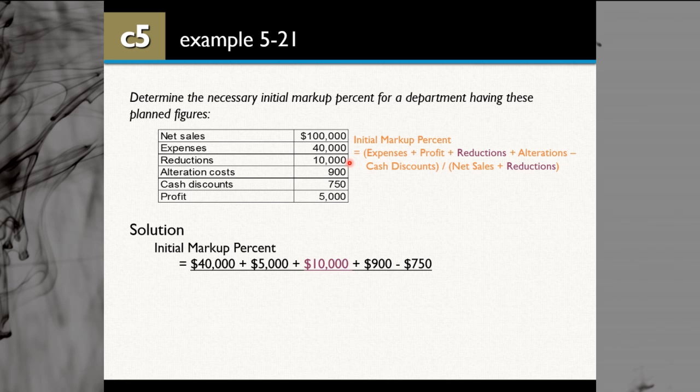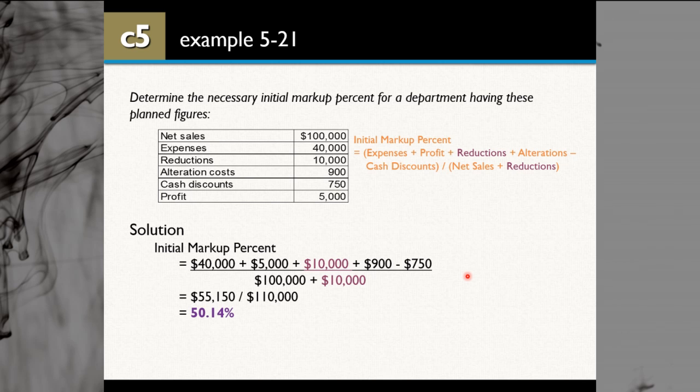So 100,000 plus 10,000. If you combine all these, then you will get 55,150 and divide it by 110,000, then you will get 50.14% for your initial markup. So that's gonna be your planned initial markup.